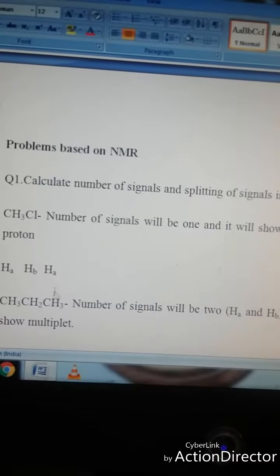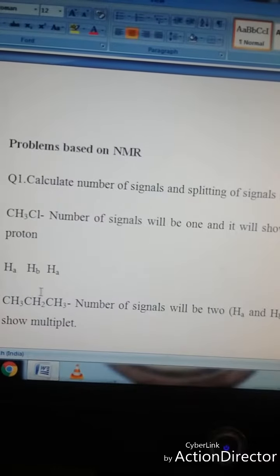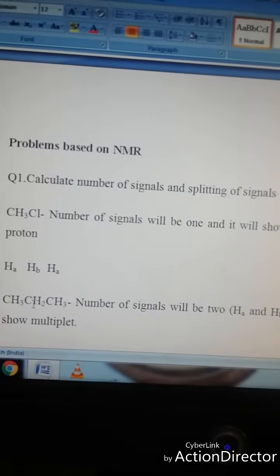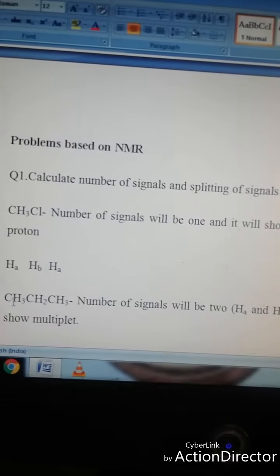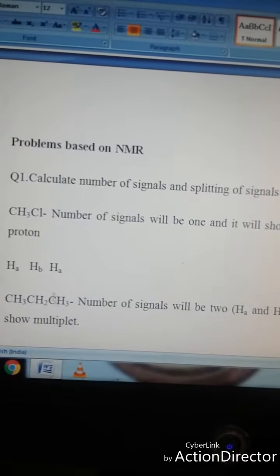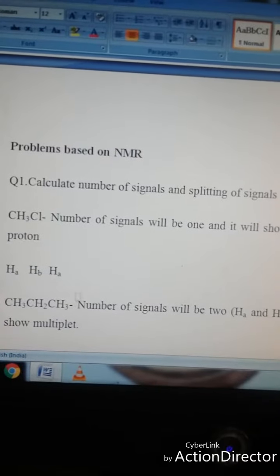Again, these 3 protons are also attached to a carbon which is attached to a carbon with 2 protons. It is also similar to this. So both will be Ha, and in between, the protons are attached on one side to a carbon with 3 protons, and on the other side to a carbon with 3 protons. So it is different from these protons. So I am writing Hb. So the total number of signals will be 2.